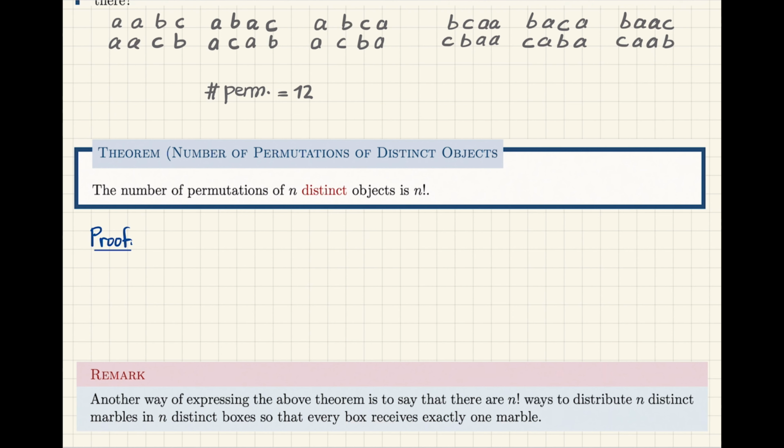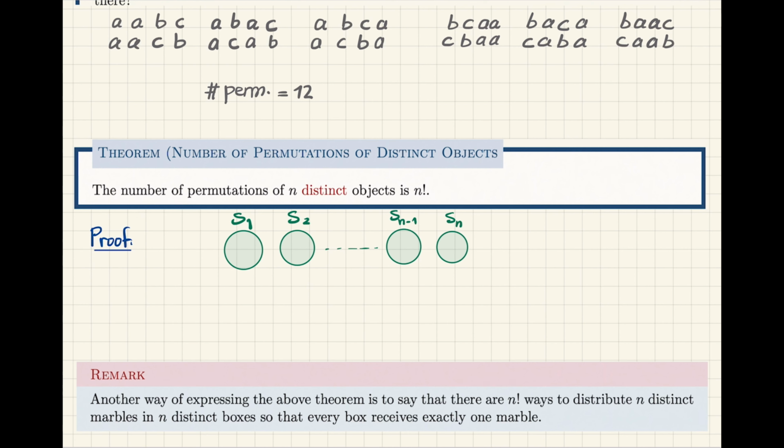So for example, let me write it here. Position number 1 from the left, let me call it stage number 1, and then position number 2, stage number 2, and then I can continue to position n minus 1, stage n minus 1, and finally the last stage, stage n, position number n.